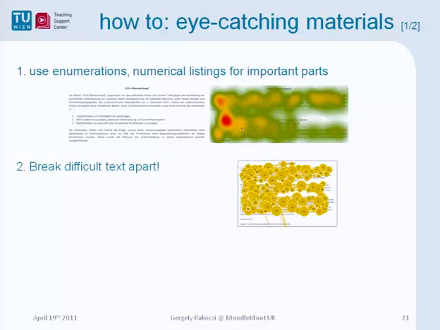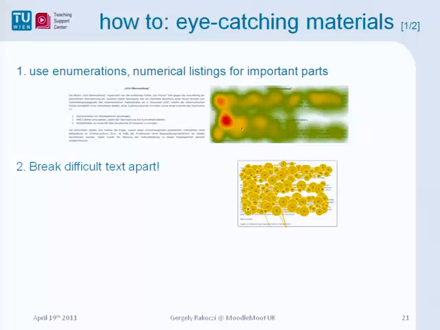Please break difficult text apart. We had various texts within our Moodle installation, difficult ones, easy ones, and if you have a huge text block and it's complex, students struggle when they are reading it. For example, here you can see circles. These are the fixations, and I would say this is a 1 second fixation.